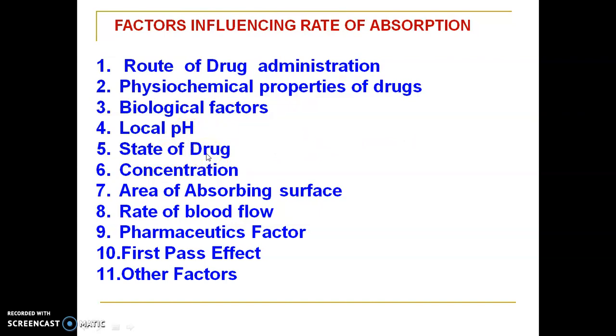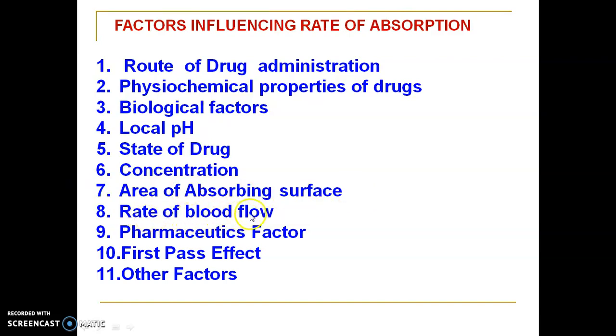State of drug: drug can be in solid, liquid or gaseous form. The drugs which are in liquid form are better absorbed. In case of concentration, more the concentration of drug, more will be the absorption. Area of absorbing surface: as we all know, greater the surface area, better will be the absorption.